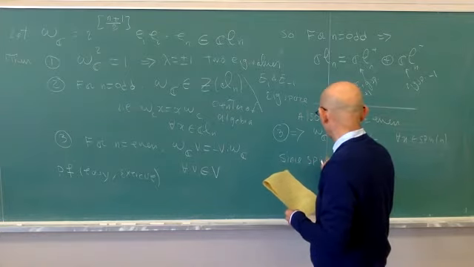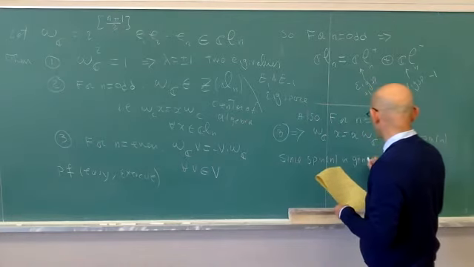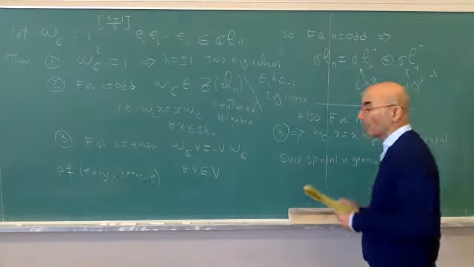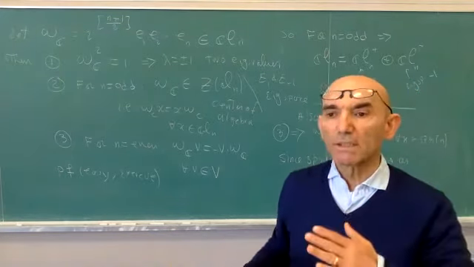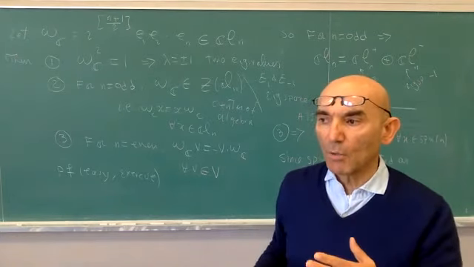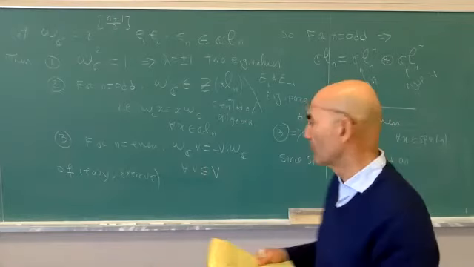Spin(n) is generated... remember the definition of Spin(n). Spin(n), we said, is the group generated by products of an even number of unit-length vectors inside this Clifford algebra.